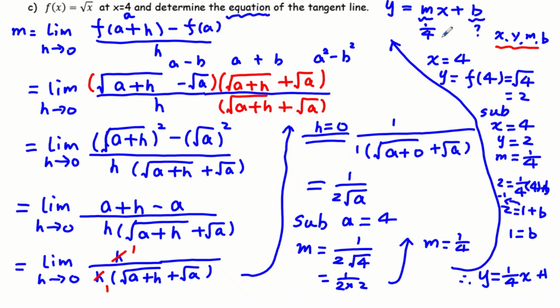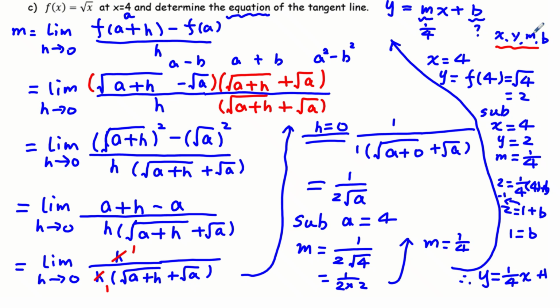Once we have the slope, we want to find the equation of the tangent line, that is a straight line. So y equals mx plus b. We have the slope, we need to find the b. There are 4 variables in this equation, we need 3 given. So we have x given, we want to find the y. It's just subbing in x equals 4 to find the y value. Then we have x, y, m.